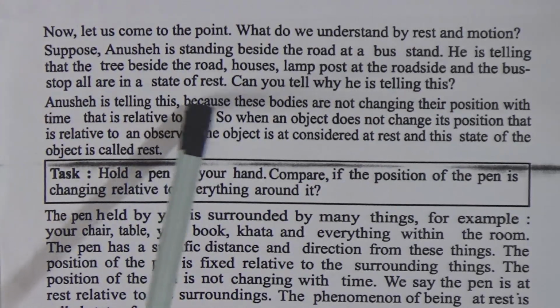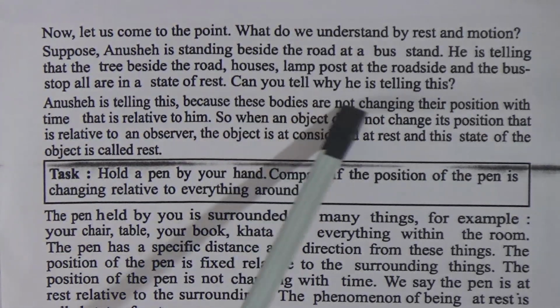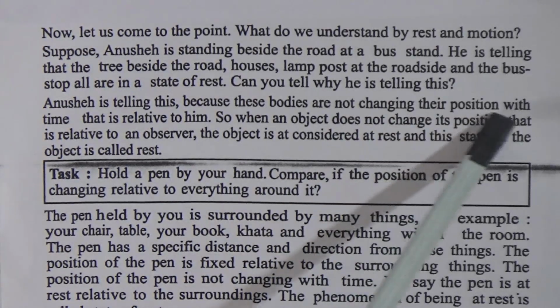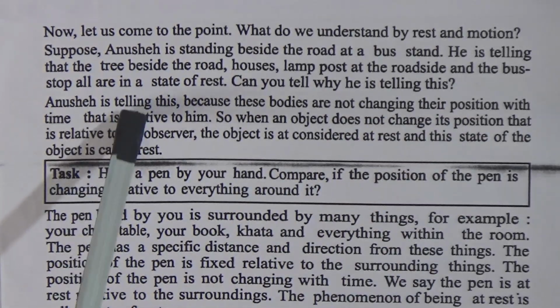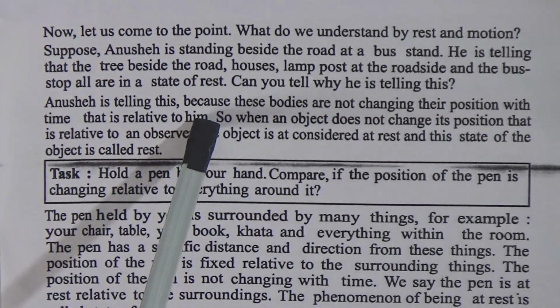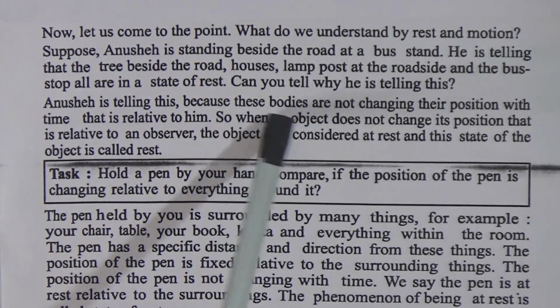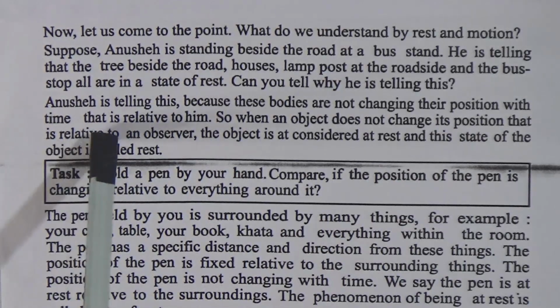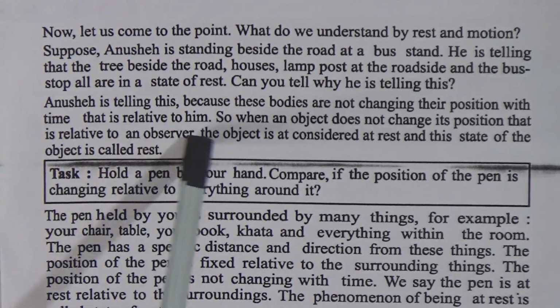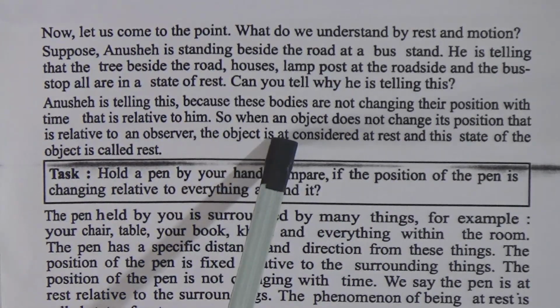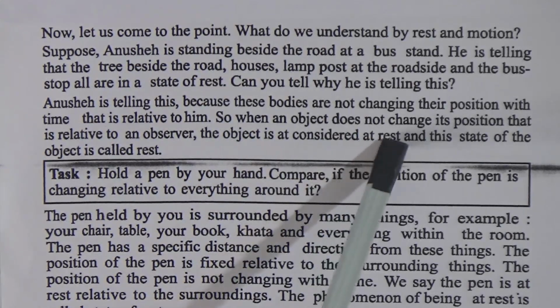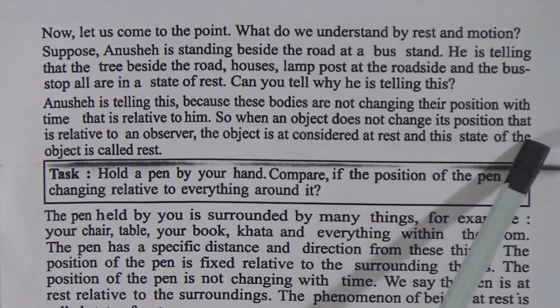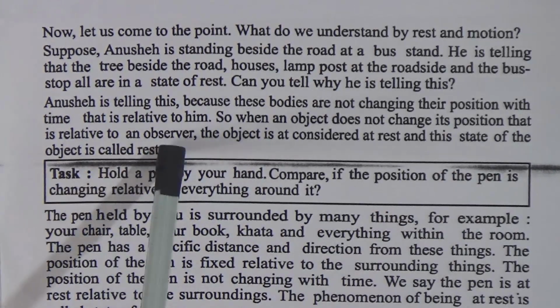Anushe is telling this because these bodies are not changing their position with time relative to him. So when an object does not change its position relative to an observer, the object is considered at rest, and this state of the object is called rest.